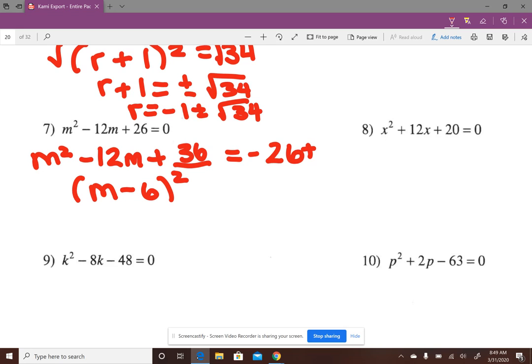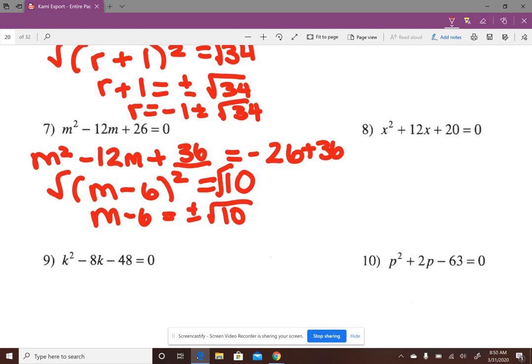The number that you add is always going to be positive because a square, the same number times the same number, is always positive. All right, and that gives me 10. So I take the square root of both sides, and that gives me m minus 6 is equal to plus or minus the square root of 10. So m is equal to 6 plus or minus the square root of 10.